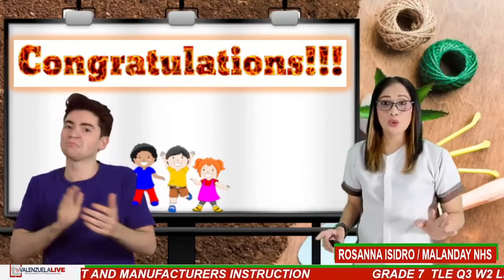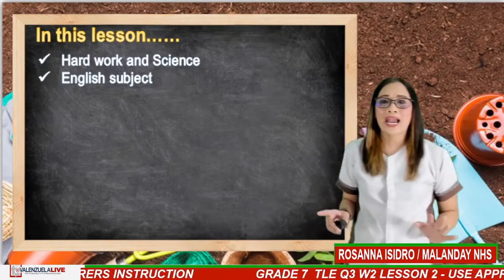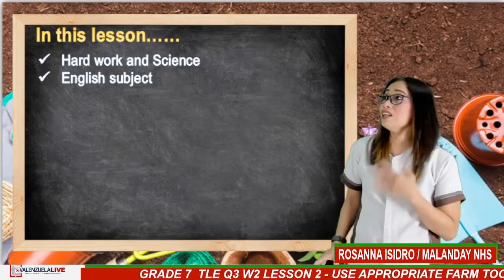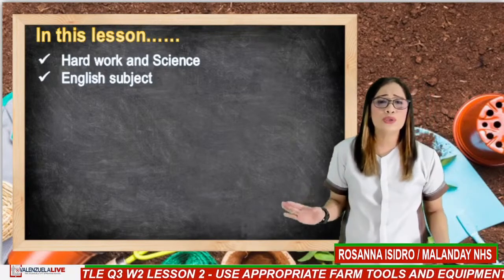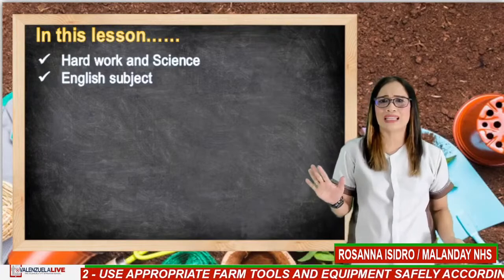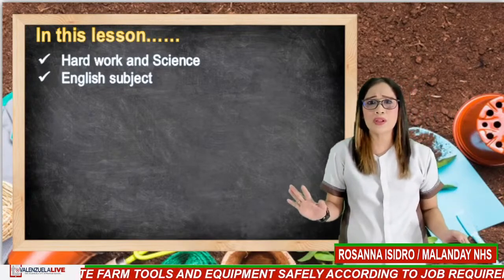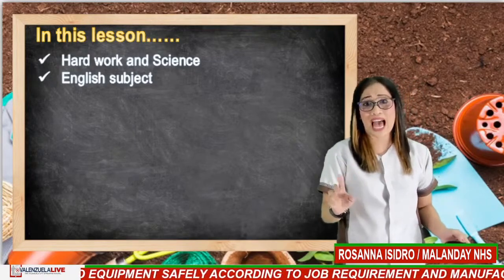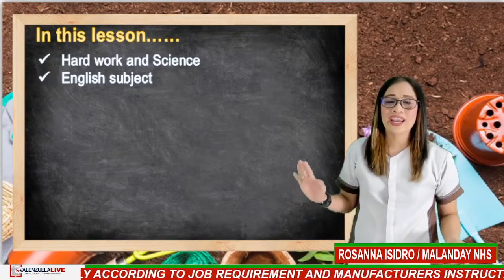In this lesson, we may relate to hard work and science to provide what soil and crops need to flourish. In English subject, reading manufacturer's instructions will reduce human error and provide us technical information that can help us with risk assessment, to develop suitable controls, and to wear PPE, or personal protective equipment, to protect us against the hazards associated with a machine or equipment.